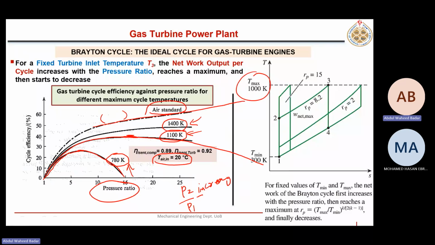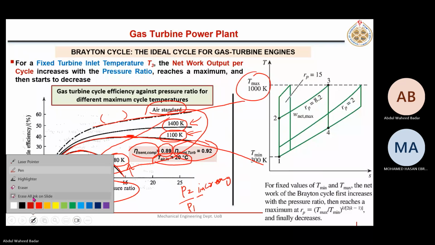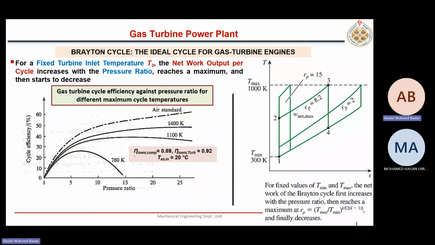Okay. For these three, one more thing here. Isentropic efficiency of compressor. These curves they have actually developed by calculating. So here, for these three curves, isentropic efficiency of compressor is given, isentropic efficiency of turbine is given, and inlet temperature is this one.